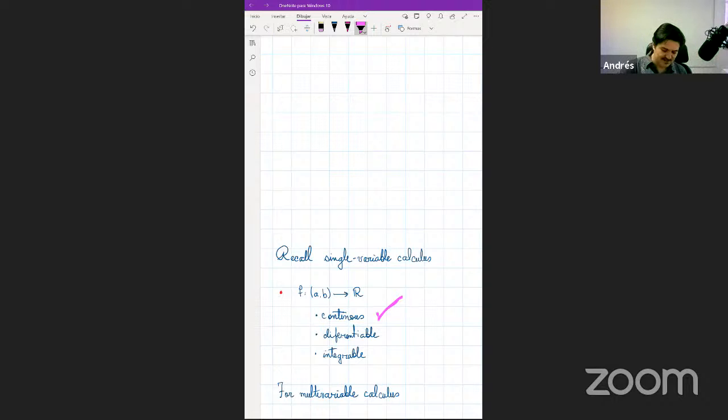So this is part of the things that I would like to, so continuous, this is topology. Right? And this is what we will look at in our setting of a manifold.